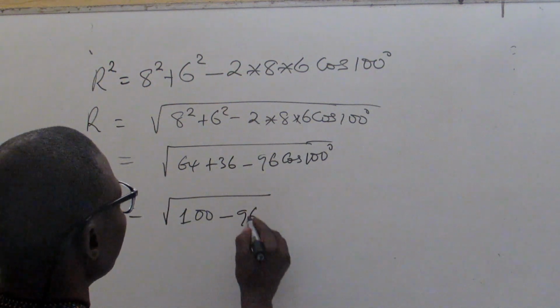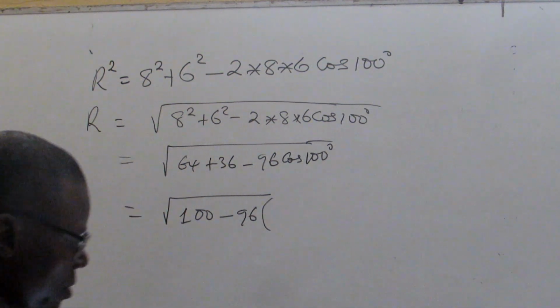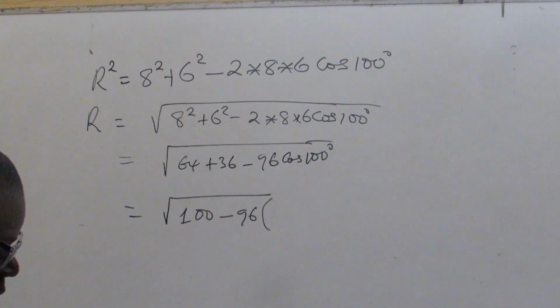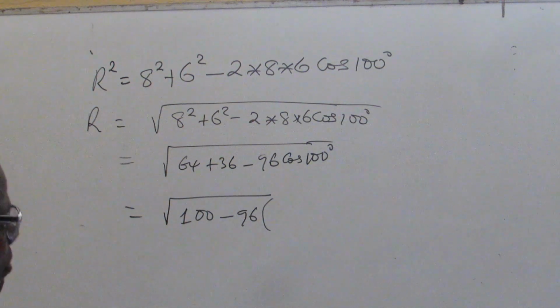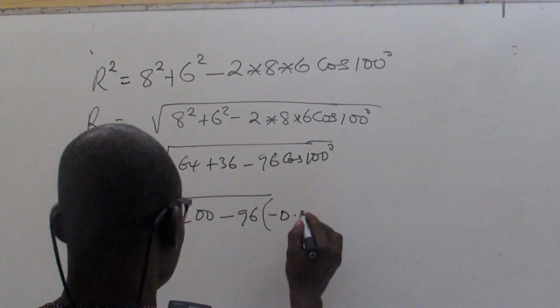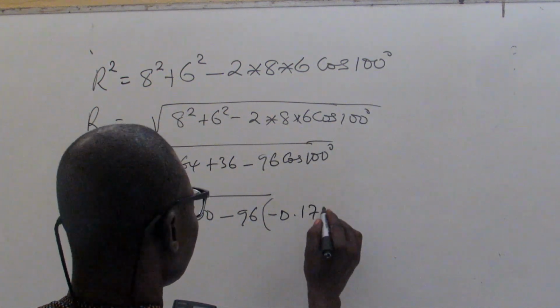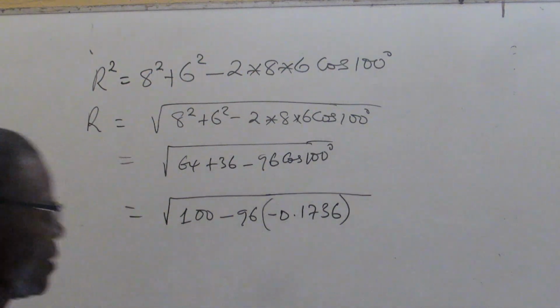Minus 96. Let's find the value of cos 100 degrees. Cos 100 degrees is equal to minus 0.1736.